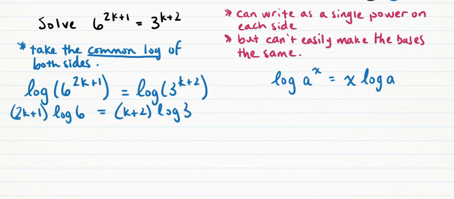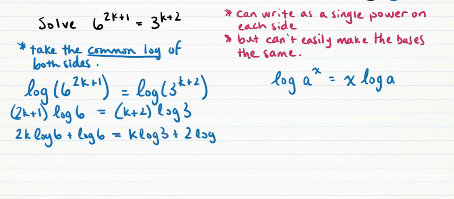I can now use the distributive property to expand on each side. So I have 2k log 6 plus 1 times log 6 is equal to k log 3 plus 2 log 3. I can now combine like terms.